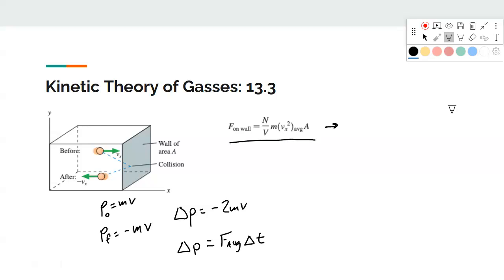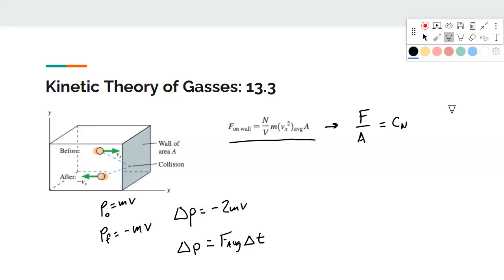And so what we can do here is we can divide by area on both sides. And then this N over V, we often call this the number concentration. So don't confuse this with the heat capacity or the specific heat capacity.